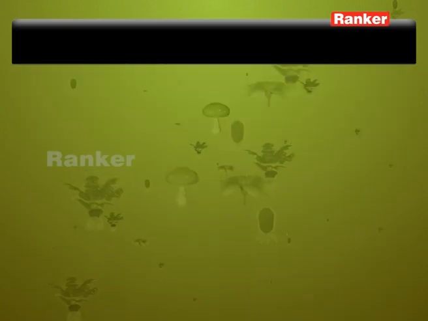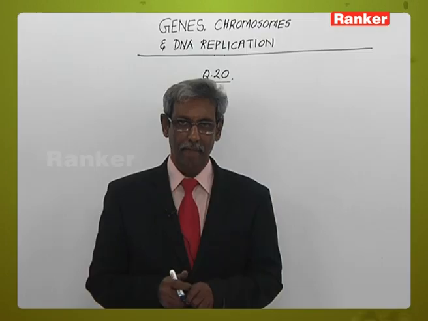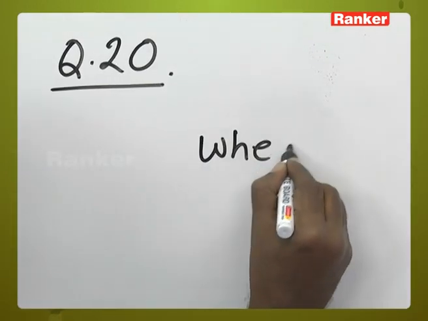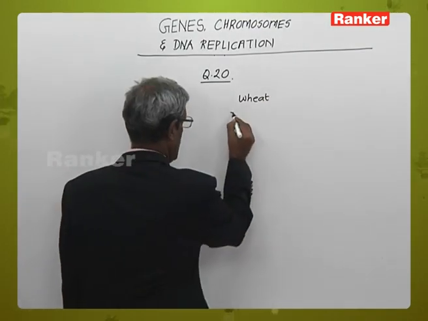Question number 20. Triticum durum is A. diploid, B. triploid, C. hexaploid, D. tetraploid. When you take wheat varieties, in wheat, there is a specialized variety which is termed as Triticum durum.